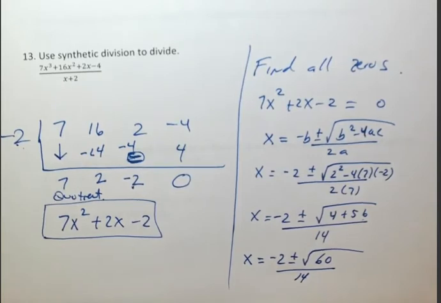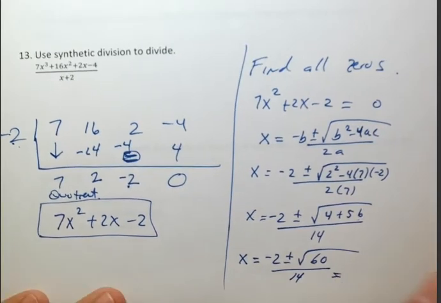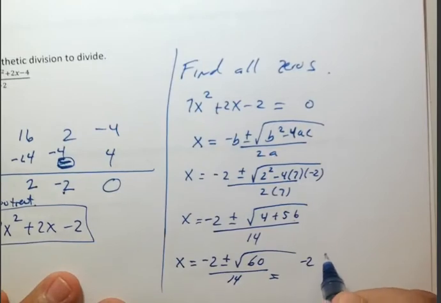And then can we simplify the 60? 4 will divide it, right? 4 times 15. Okay. 4 times 15.